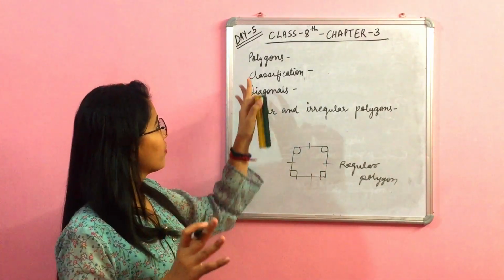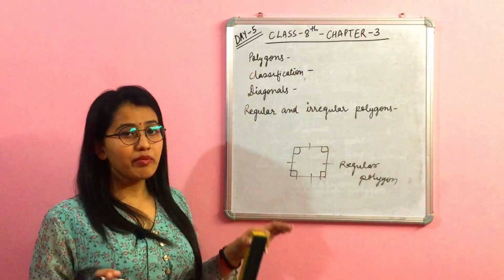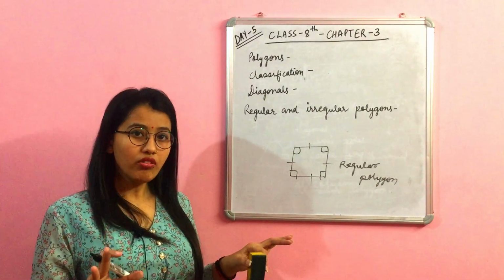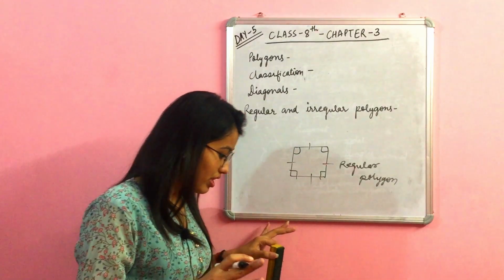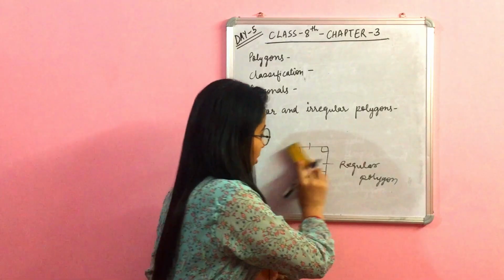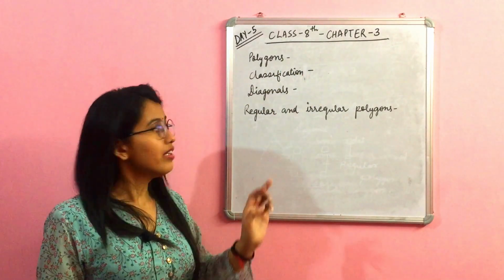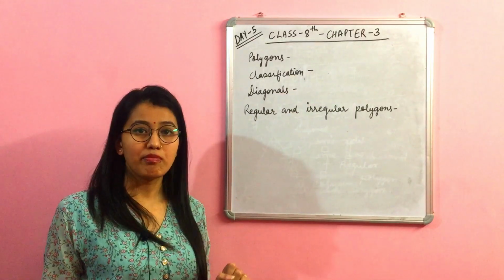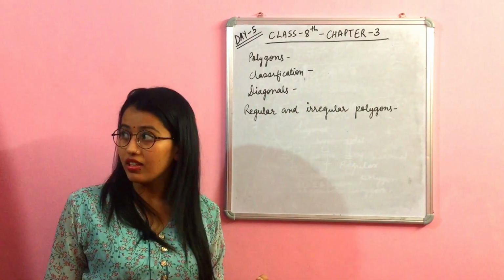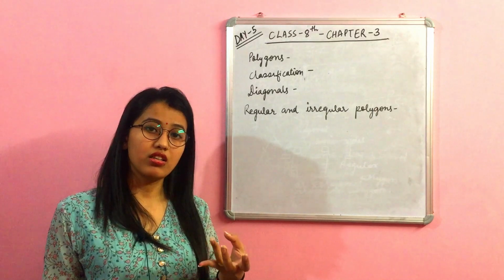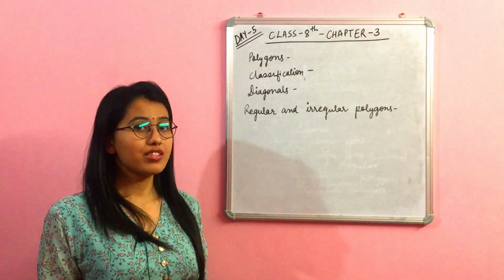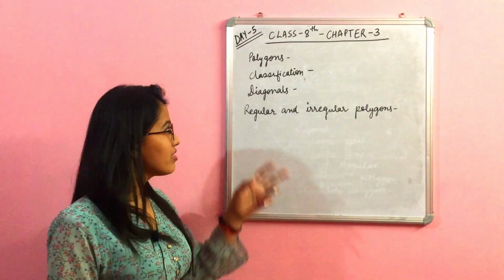So just revise all these things. Polygon means a simple closed curve which is having line segments. Classifications of polygons means triangles, square, rectangle, all these are classifications of polygons.